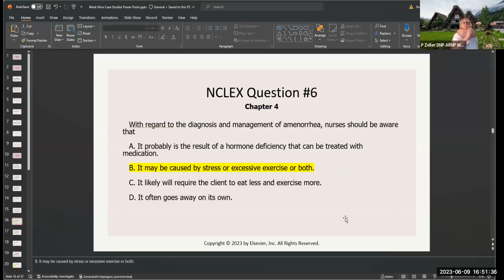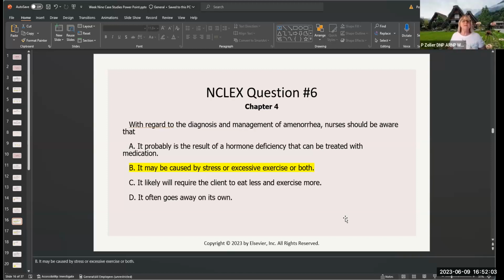Amenorrhea. I gave you 2 slide sets plus this one. So this is on your announcement, week 9 now. Amenorrhea, not having a period, missing a period, or not having a period for a whole year. Okay, depends on the setting.